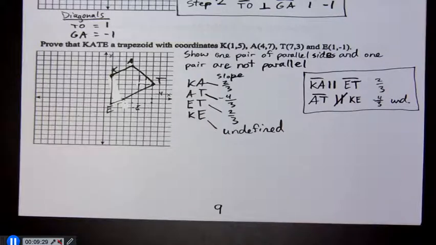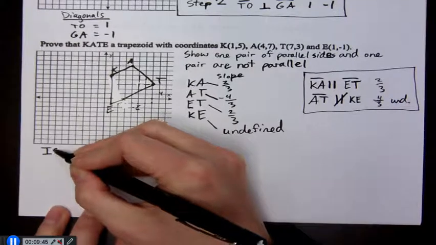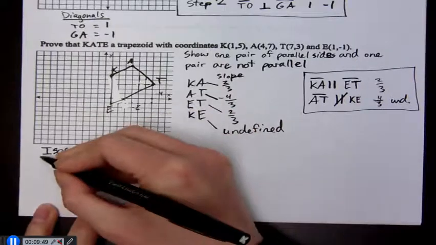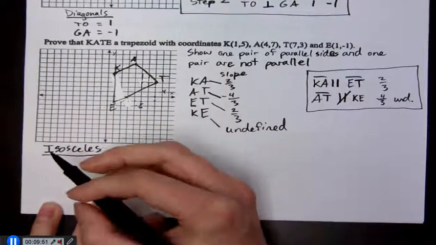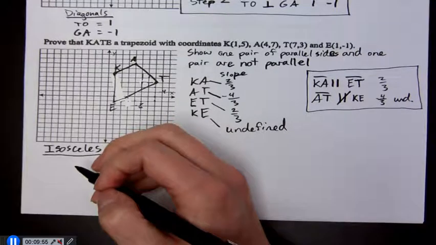Trapezoids, though, are one of those things where we always have to say now whether they are isosceles or not isosceles. We have to differentiate between those two. So what does it need to be an isosceles trapezoid? Again, this didn't print for you. We aren't measuring angles here, so we're not going to do congruent base angles.